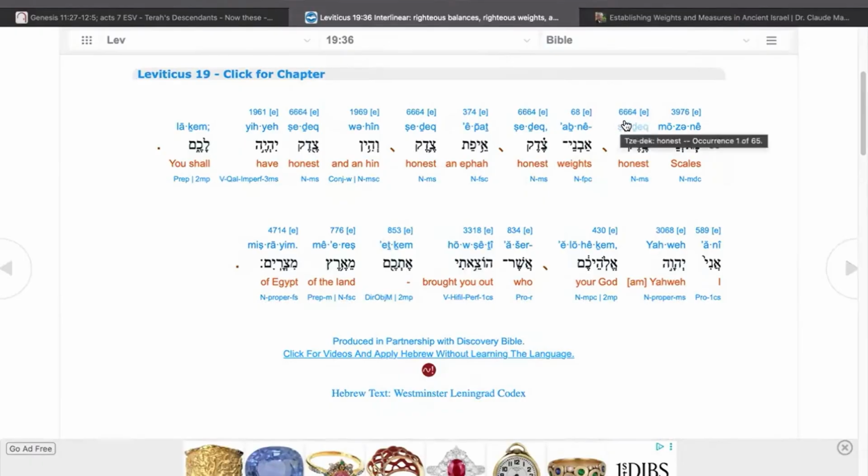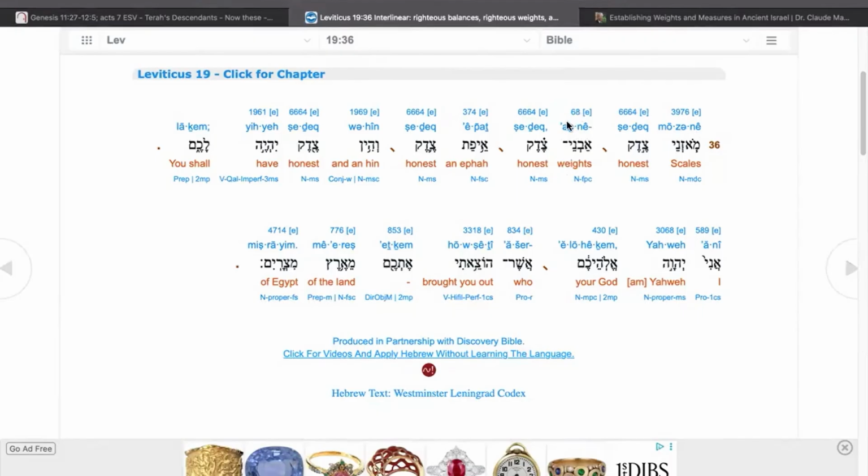The Strong's Concordance number is up here, 664, and then you get the phonetic sounding of the words right there. So scales is moznei, and then weights is abnei.